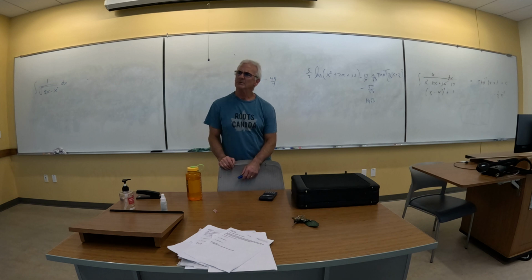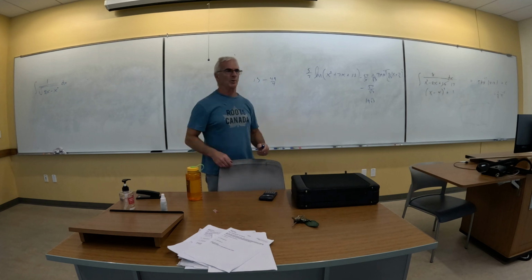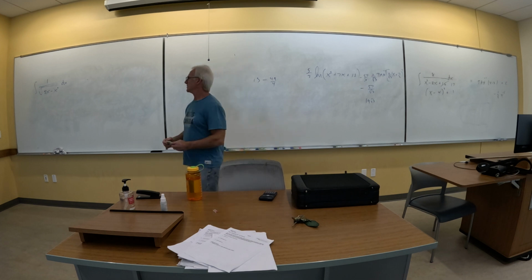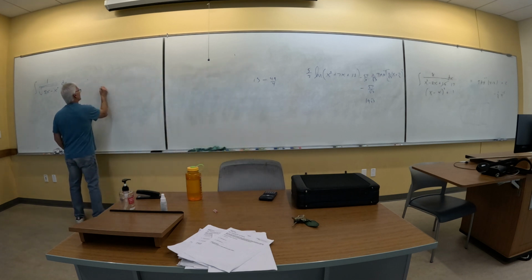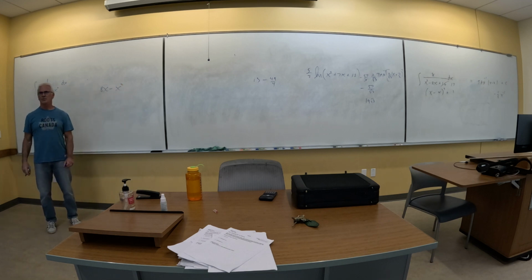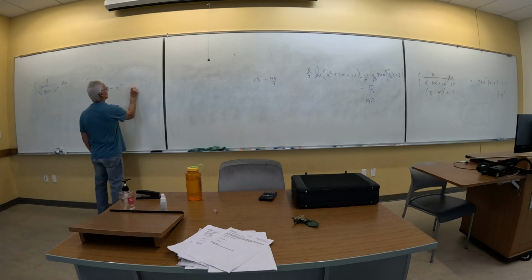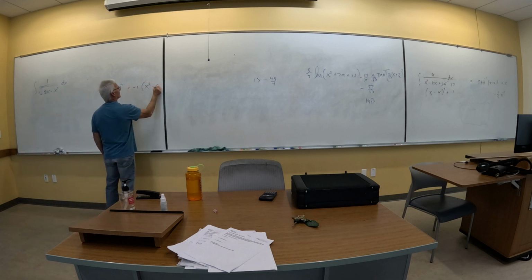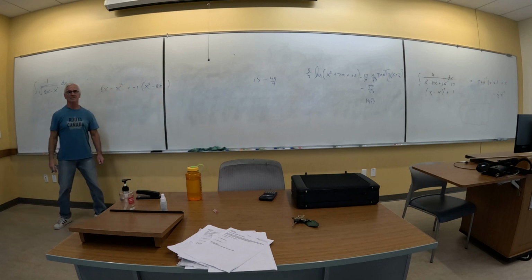Can I complete the square? With a square root? No, the polynomial part. Yeah. Does look a little goofy. Well, in order to complete the square, don't I have to have a lead coefficient that's a positive 1? Okay, let's start with that.